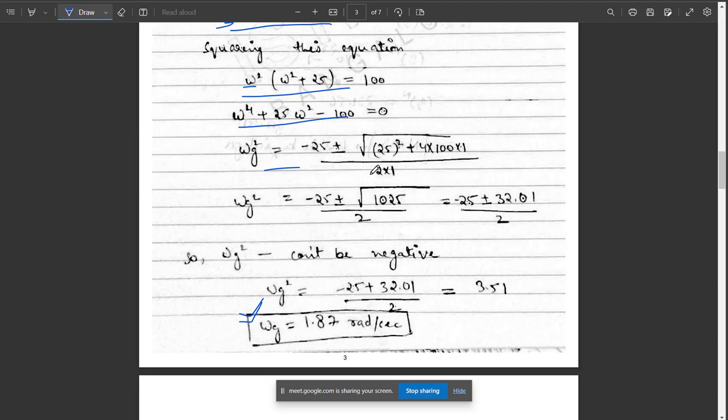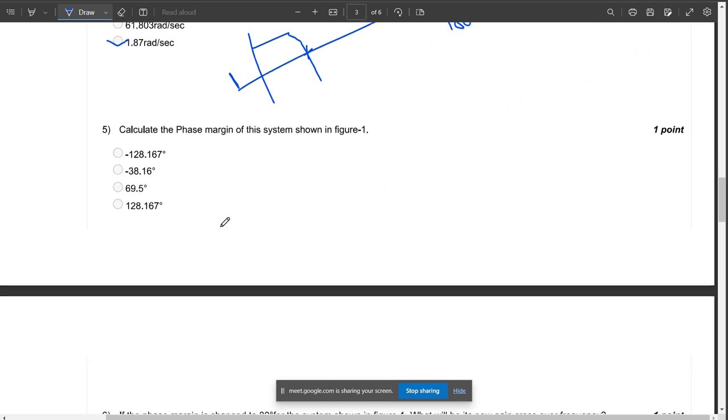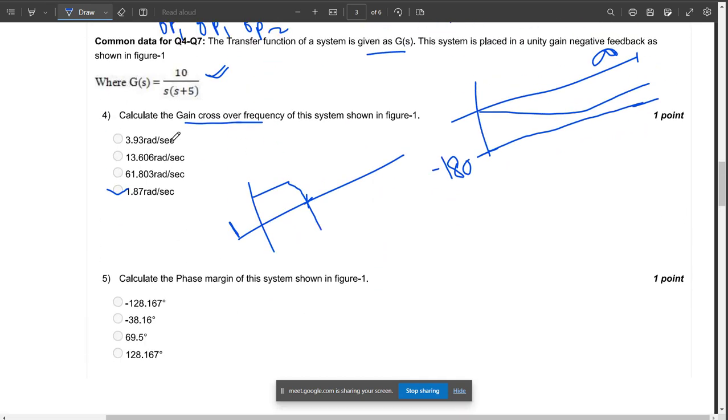Okay, let's go ahead and try to solve question number 5. Now you have already got the gain crossover frequency. For this gain crossover frequency, you have to find out the phase margin.